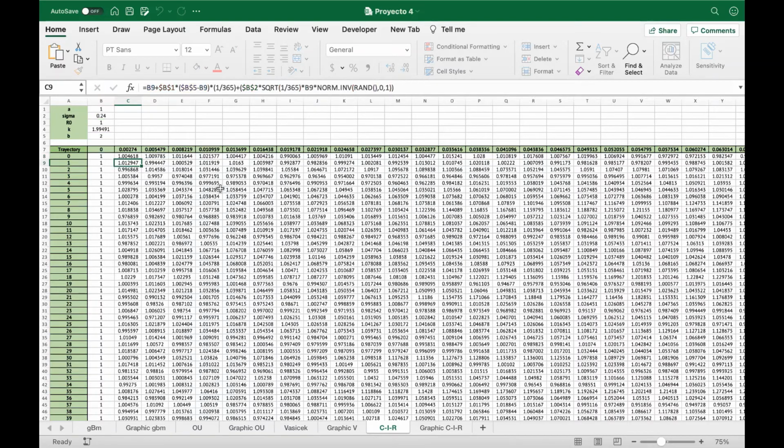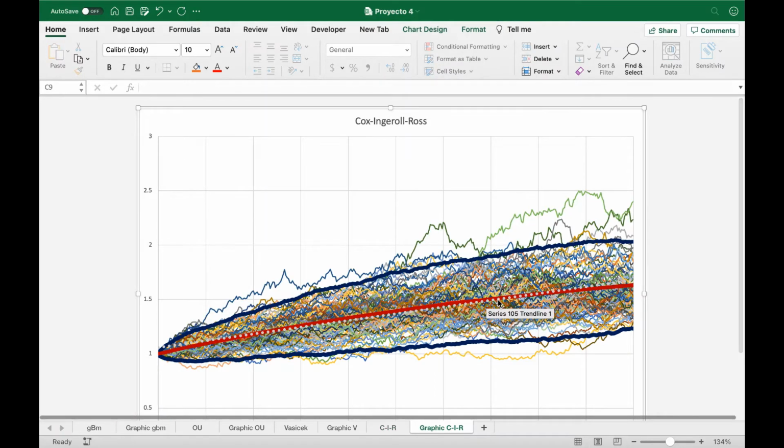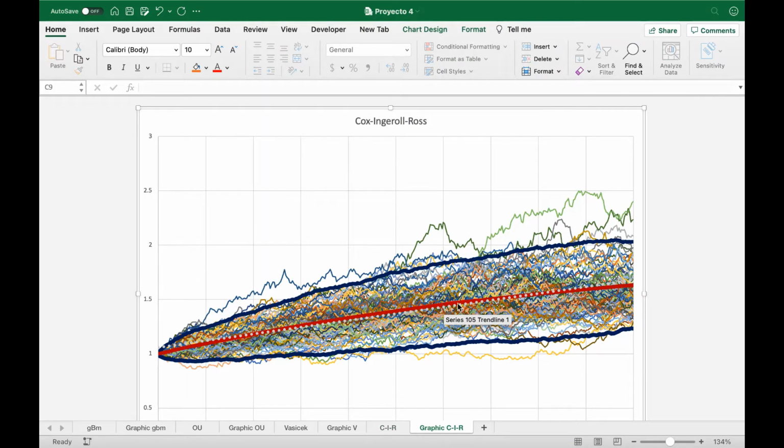And the expected value is the exact same formula as the Vasicek model. So here, graphically, we can see that also there are two red lines that have the same behavior, and the trend line also has the same behavior as the expected value and as the average of each trajectory.